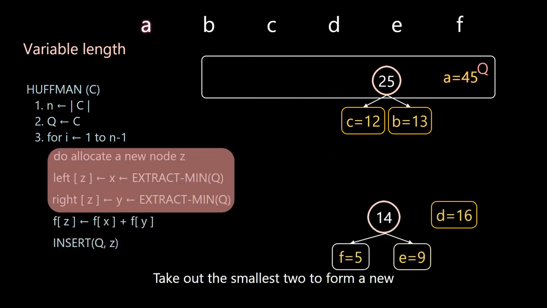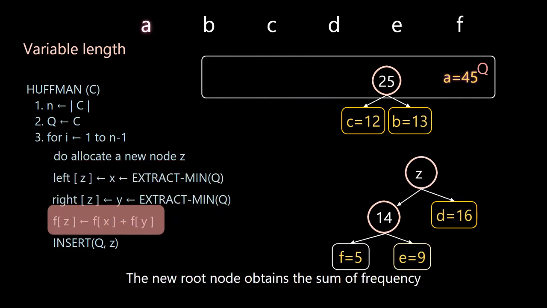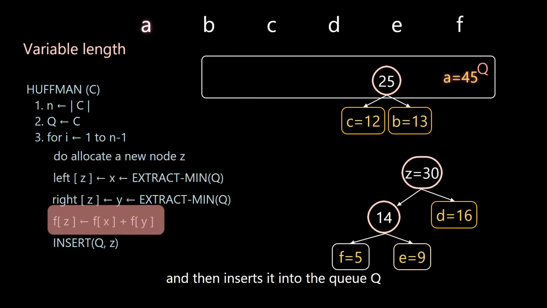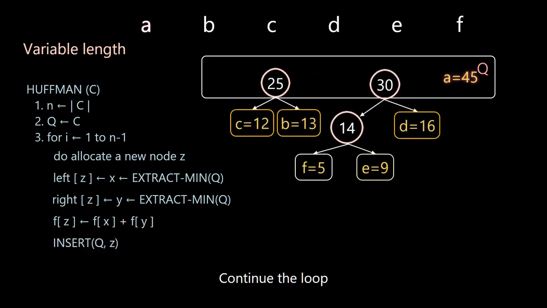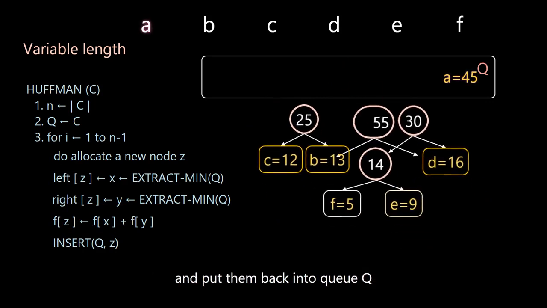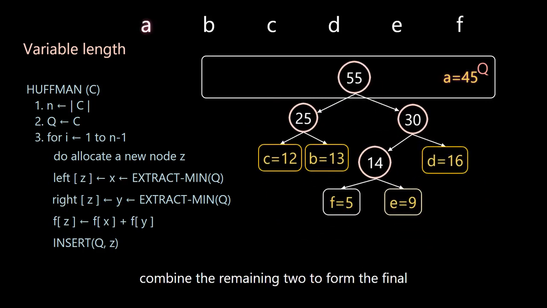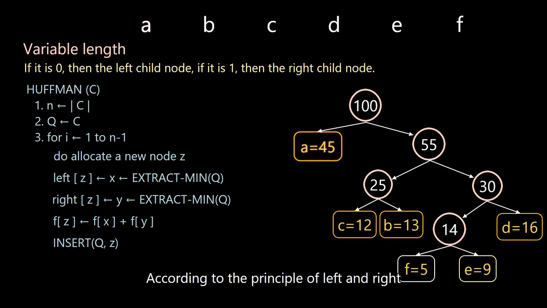Take out the smallest two to form a new subtree. The new root node gets the sum of the frequencies and is then inserted into Q. Continue the loop. Take out the two smallest subtrees, form a new one called Z, and put it back into Q. Finally, combine the remaining two to form the final binary tree.